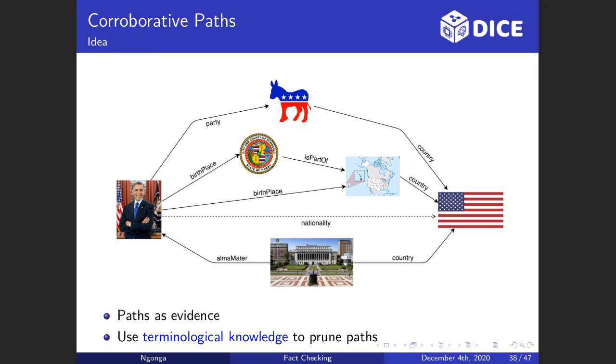And what we mean by terminological knowledge is really the ontology of the knowledge graph. We basically say if we have a fact, we want corroborative evidence, but that corroborative evidence must abide by the semantics of the knowledge graph, which is something that was not considered in previous approaches.